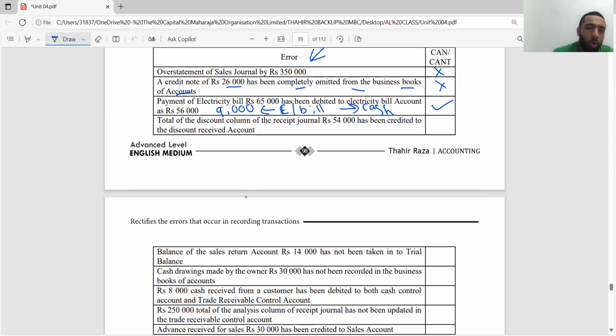Right? Okay. Total of discount column of receipt journal 54,000 has been credited to discount received account. Can you identify the error?